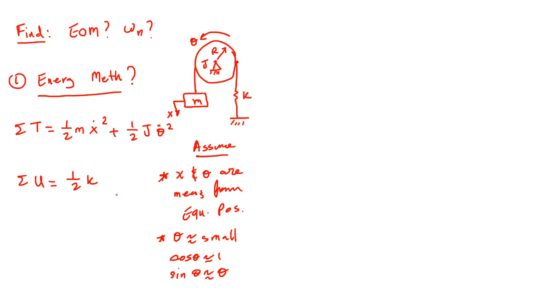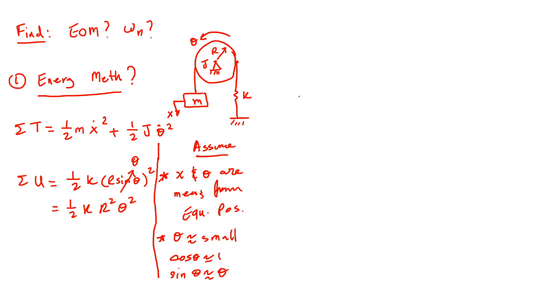So r sine theta, this one, will be r theta, because theta is small from the assumption. Let me write a line here so you don't get confused. So the only potential energy is half k r squared theta squared.